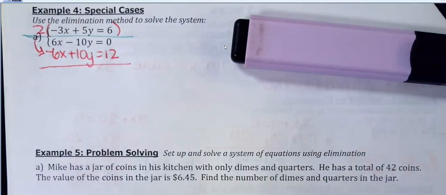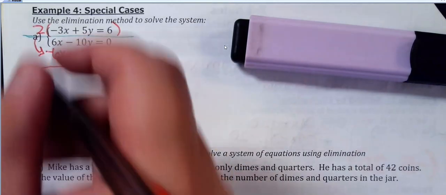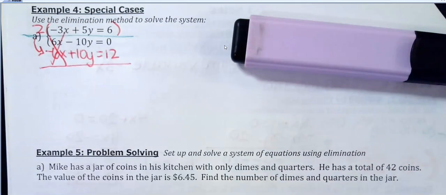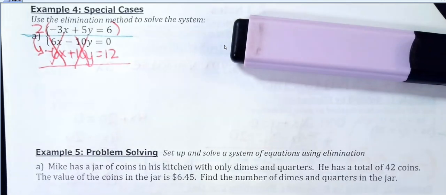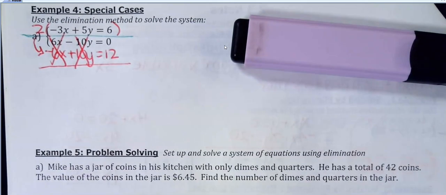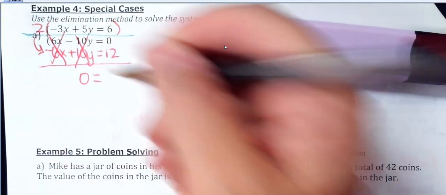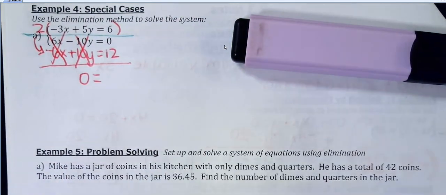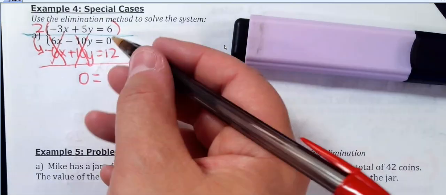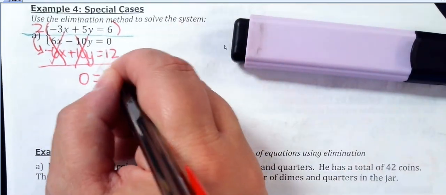Now, when I do this, the weird part is the x's are opposites, but the y's are also opposites. So both variables get eliminated here. What would you have left on that side of the equation? 0, right? These guys, 6 and -6, 10 and -10, they add up to 0. When I do the other side of the equation here, I'm adding 0 and 12, so I'm going to get 12.